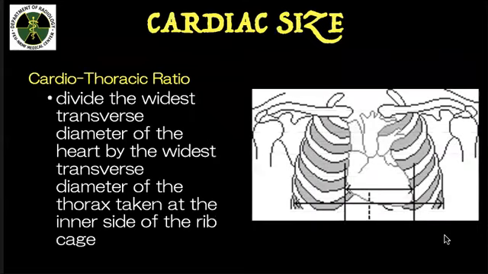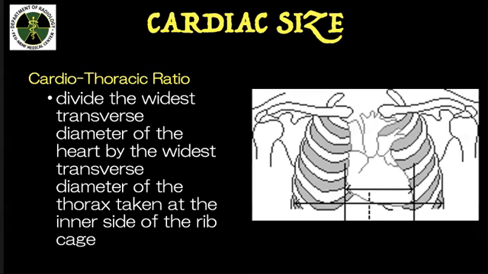And then for the cardiac size, you have to evaluate how you will know if it is enlarged or not. So you will get the cardiothoracic ratio. You divide the widest transverse diameter of the heart by the widest transverse diameter of the thorax, taken at the inner side of the rib cage.